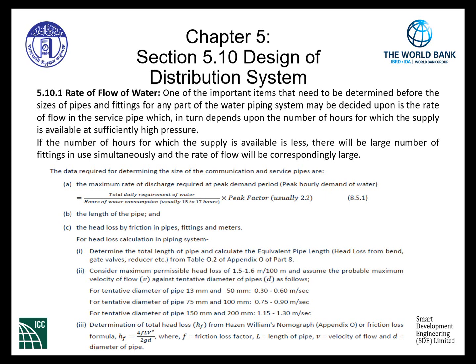H sub F equals 4 times the friction loss factor times the length of pipe times the velocity squared, divided by 2 times gravity times the diameter of pipe. This is given to us as a means to provide data required for determining the size of the communication and service pipes.